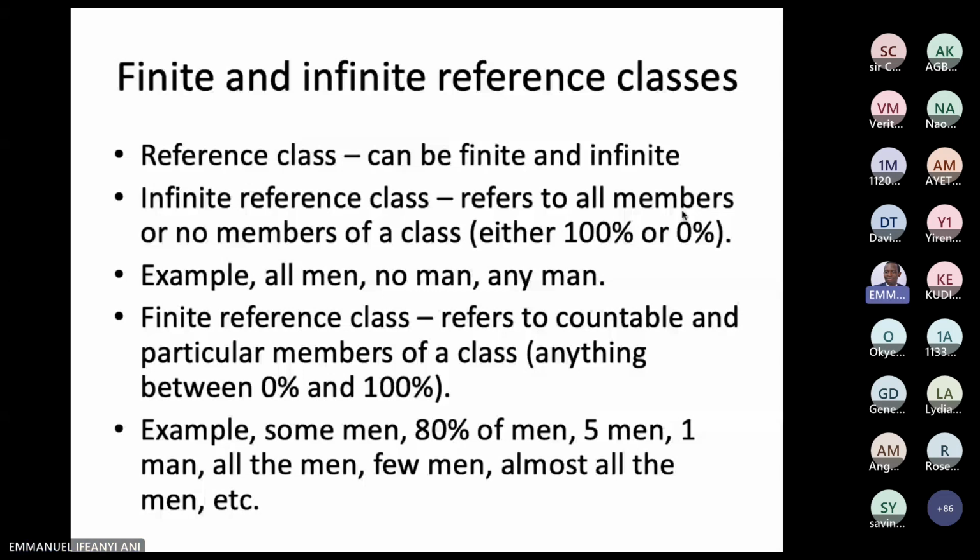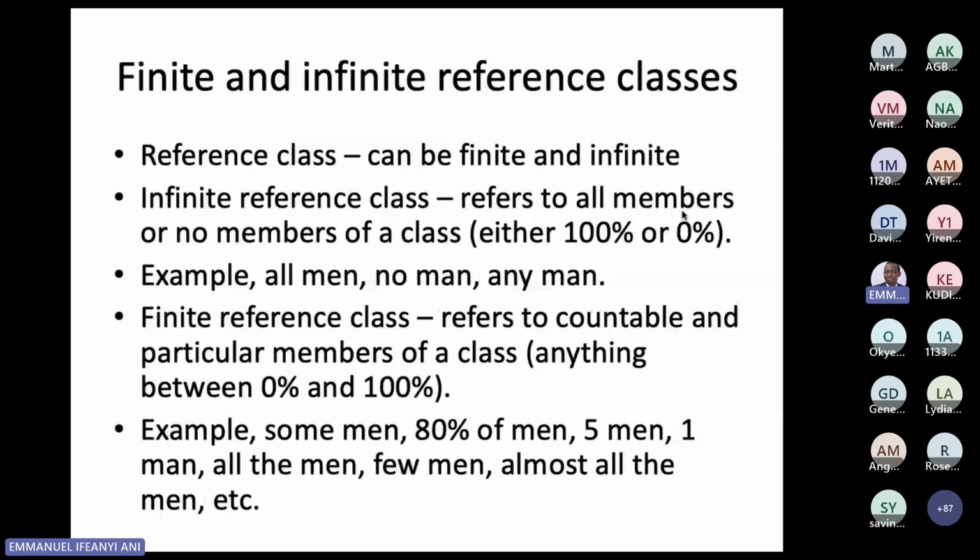On the other hand, the finite reference class refers to countable and particular members of a class, anything between 0% and 100%. Examples: some men, 80% of men, 5 men, all the men. Now remember that all the men is different from all men. All men contains uncountable items, but all the men are countable.